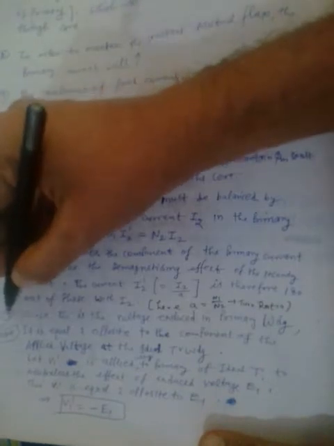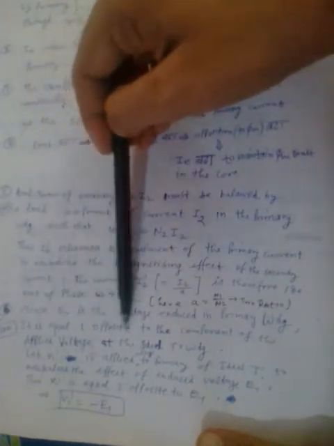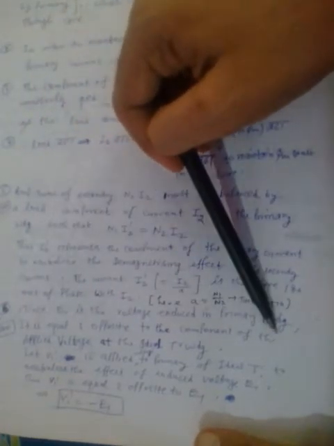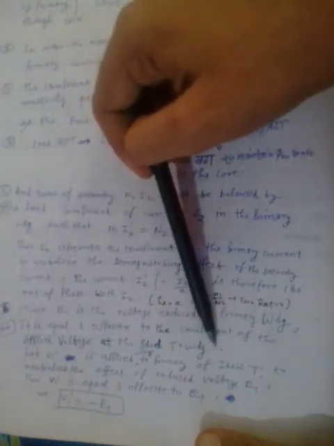Now another point, number 6. Since E1 is the voltage induced in the primary winding, it is equal and opposite to the component of the applied voltage at the ideal transformer winding.